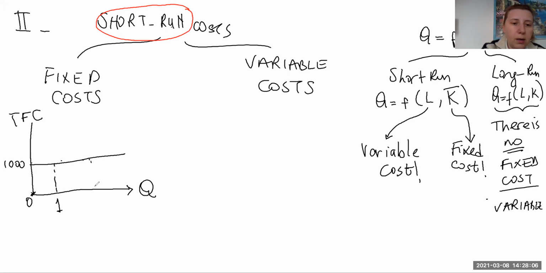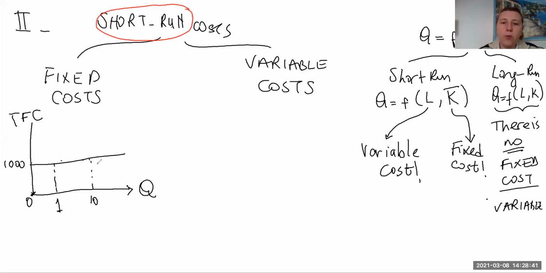And if you are producing 10 units or 1,000 or 1 million units, the total fixed cost will not change, because in the short run these are sourced from the fixed factors, and it's not possible to change these fixed factors. So the total amount of fixed costs will not change according to the level of output.